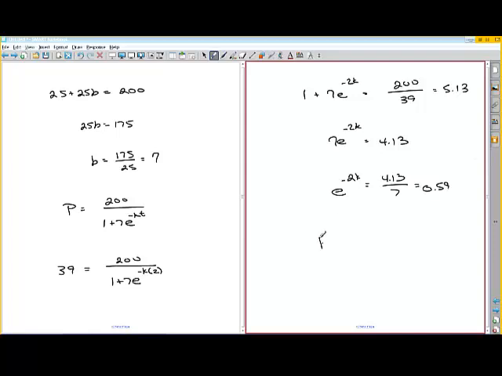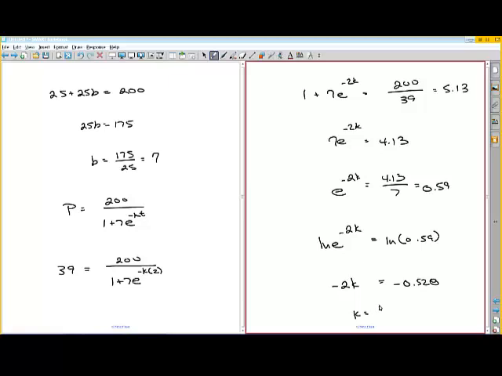Okay, take the natural log of both sides. The natural log of that number should be negative because 0.59 is between 0 and 1. So we get negative 0.528, and here we get negative 2k.